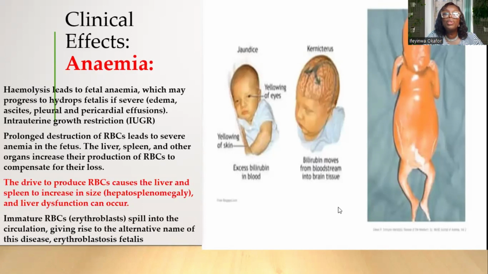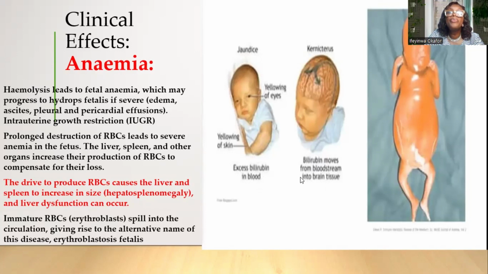Now, looking at this picture that we have here, this is a picture showing a baby that is highly edematous, hydrops fetalis. And then we have babies that can have the presence of jaundice, you can have yellowness of the eyes, yellowing of the skin, as a result of excess bilirubin in the blood.